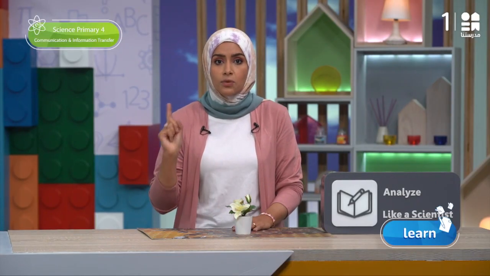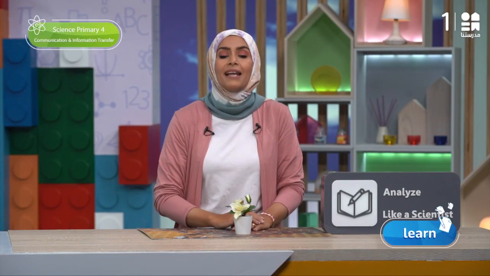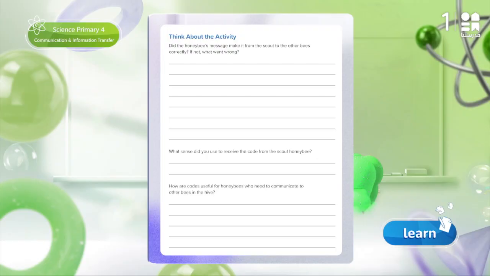Now I'll give you some time to read the question to make sure that you understand the movement pattern of bees. Pay attention that the first question depends on the game we play together and what you will play in class together.